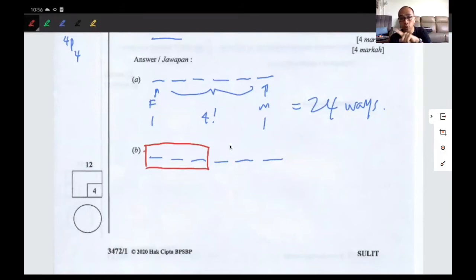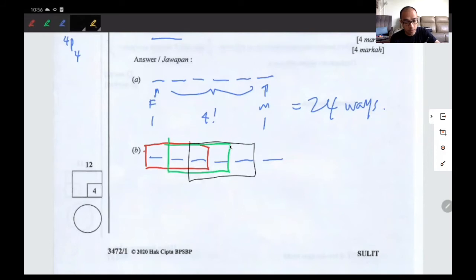How many consecutive 3 can we make? We have 1, we have 2, we have 3, and we have 4. So there are 4 ways to do this consecutively.